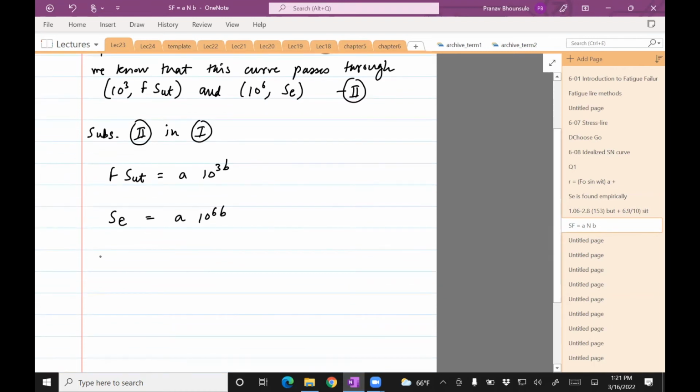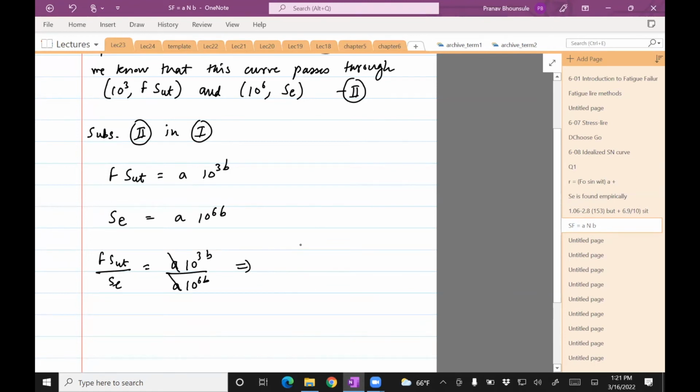F SUT divided by SE is A times 10 raised to 3B over A times 10 raised to 6B. A is cancelled. Or maybe we take the inverse of that, it's easier.